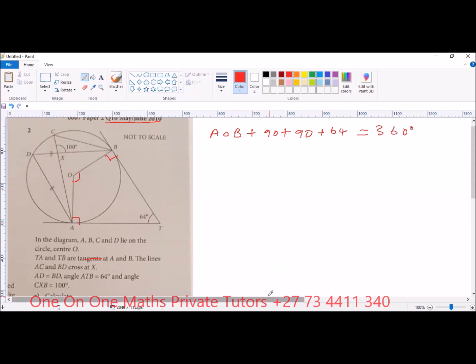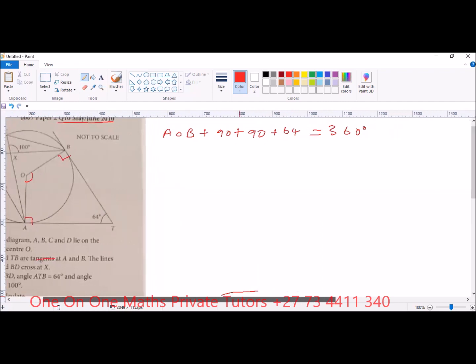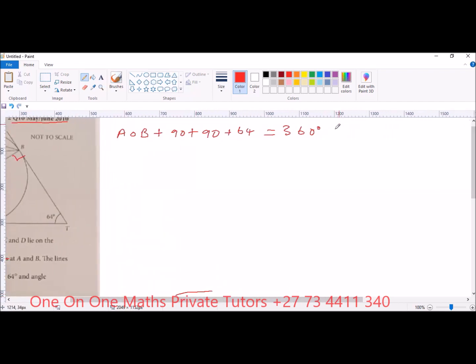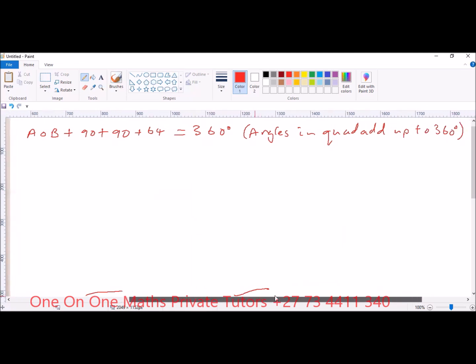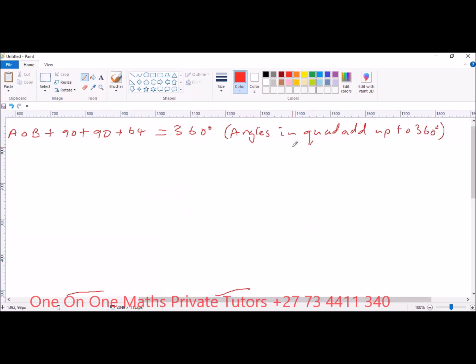Angles in a quadrilateral add up to 360. Whenever you make a statement like this, you must justify it with reasoning: a mathematical statement, then in brackets, the reason.